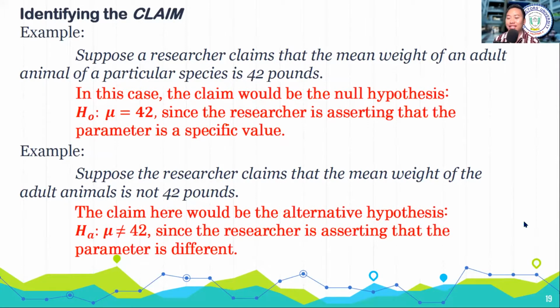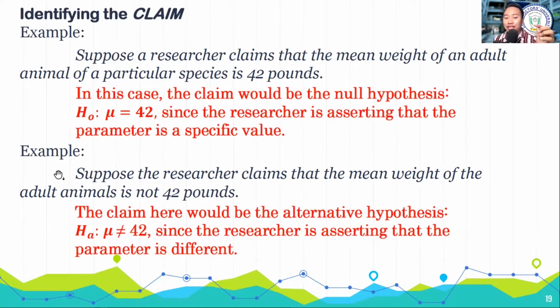Okay. Next, example number 2. Suppose the researcher claims that the mean weight of the animal is not 42 pounds. So what's the difference between these two statements, guys? Every time that we state the null hypothesis, it should always be equal to. Okay? And every time we state the alternative hypothesis, it should be something that would tell us a difference.